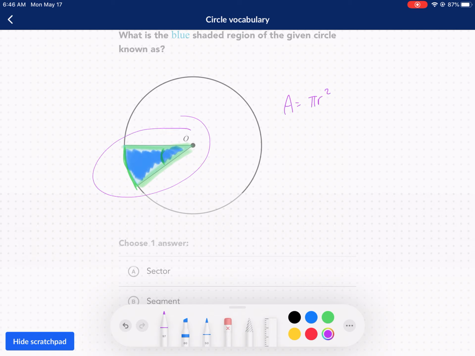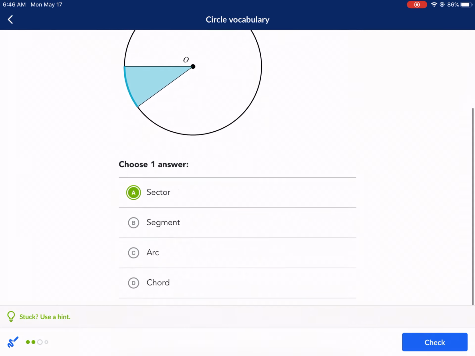But we are only looking at a small portion of that circle. So what we need to know is that theta, that measure of the arc or the central angle, they're the same. And what we do for the area of a sector is we multiply that theta times the area of the circle, but then we divide by 360. This will tell us the portion of the circle we're talking about. Multiply it by the area, and it'll tell us how much of the circle's area is just that part of the sector. And that's sector.